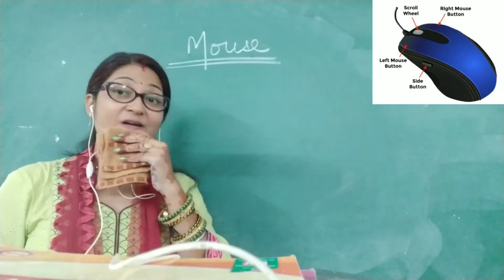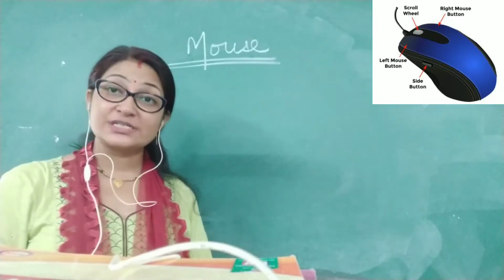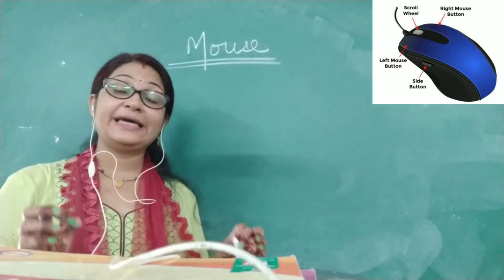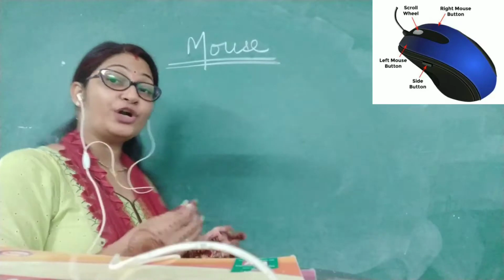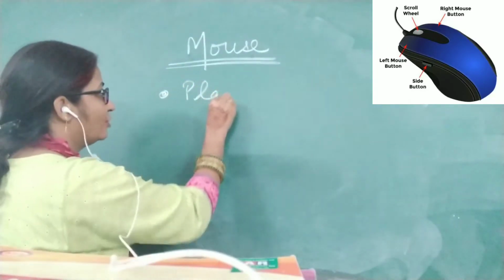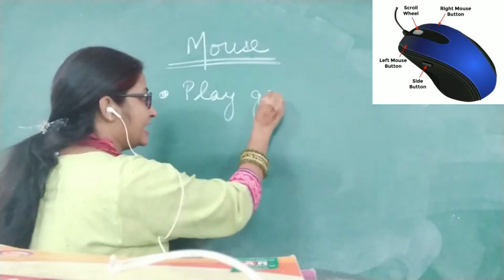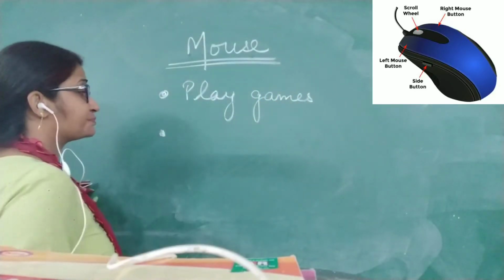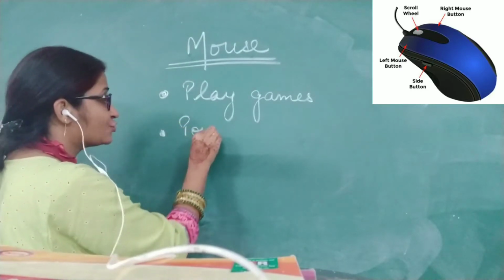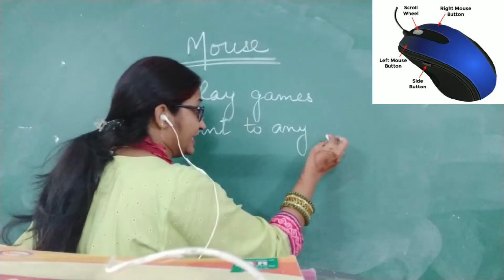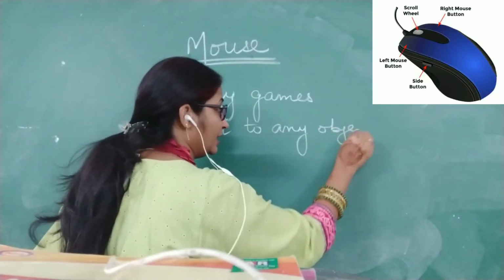This mouse is used to play games, or, with the help of a mouse, what can you do? Let's see. The first thing, your favorite, is that you can play games with the help of a mouse. Secondly, you can point to any object with the help of a mouse.